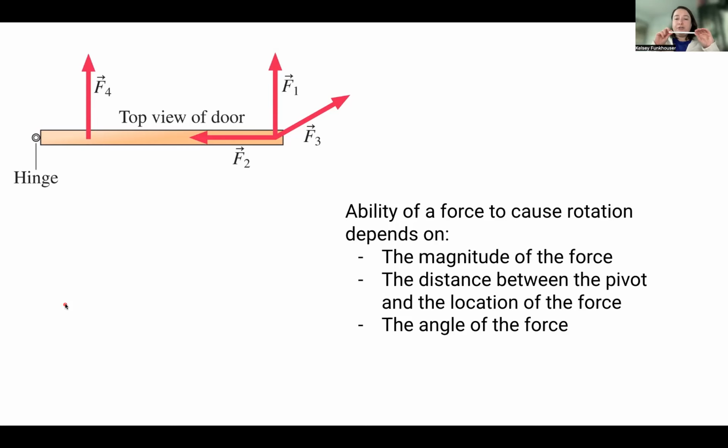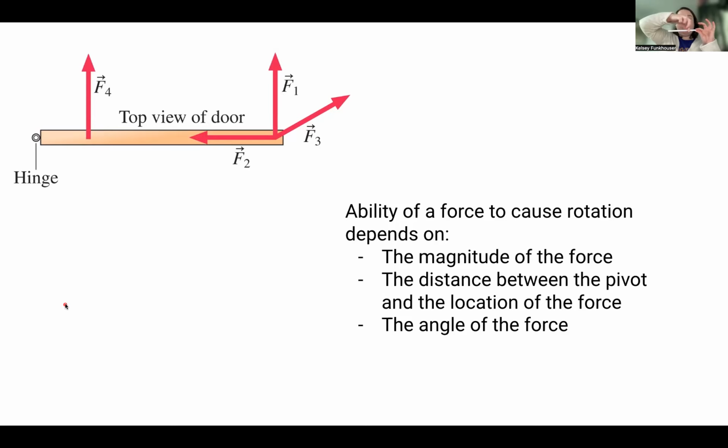And I'm going to encourage you to do this a lot when we're dealing with torque, so you might as well start now. So pinch where the axis of rotation is. So I'm going to say the hinge is about right here. And then just apply a force, push or pull the pencil wherever the force is applied.